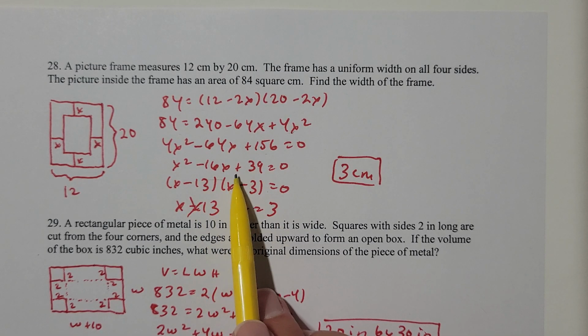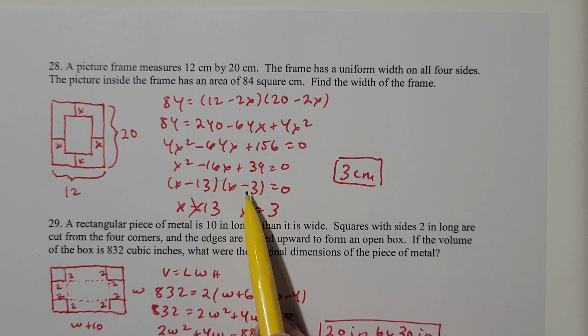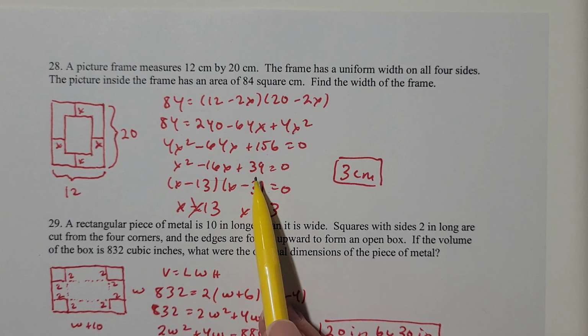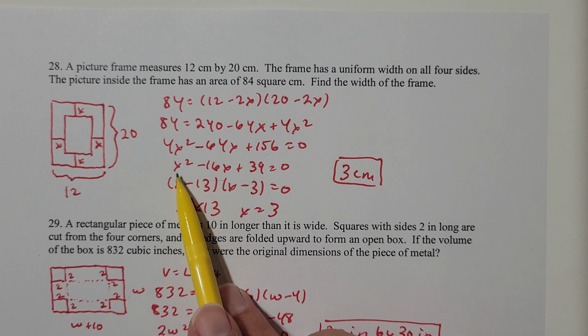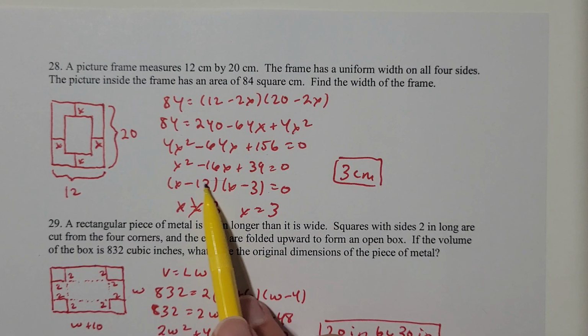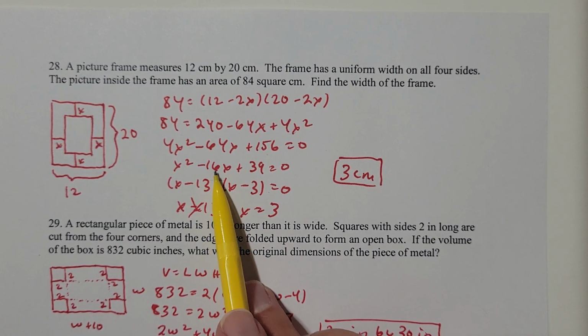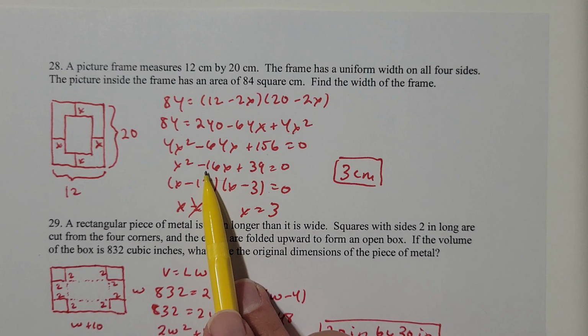Here's the quadratic equation that we're working with now. This will factor. So if I use 13 and 3, 13 times 3 is 39. It's going to be x and x, and both the terms are going to be a minus sign, because negative times negative is positive, and negative plus negative is negative in the middle.